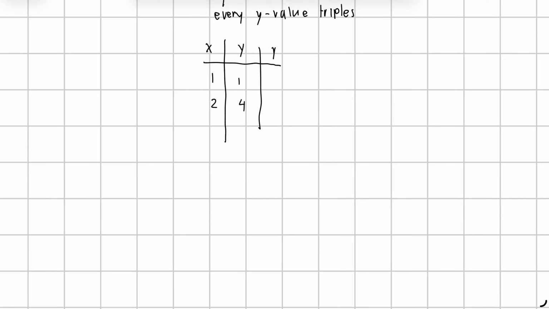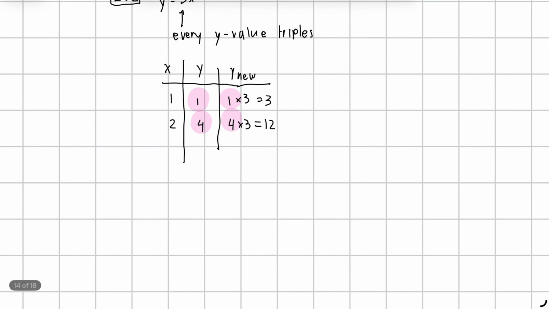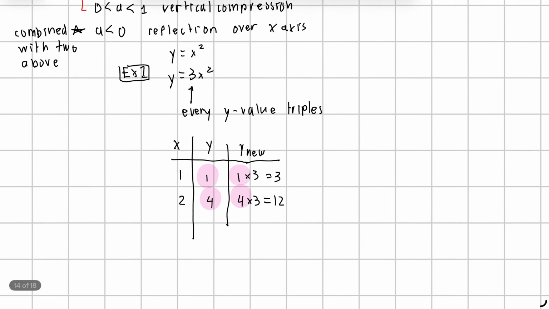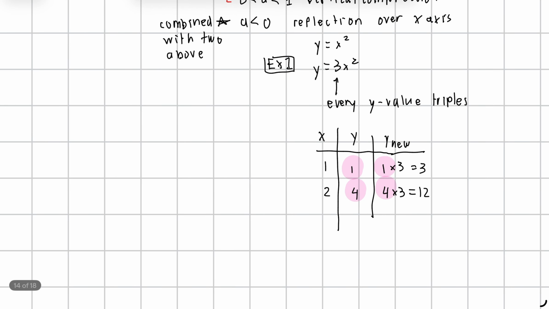Then our new y is going to be 1 times 3, which is 3, and then we have 4 times 3, and that's going to be 12. It's important to note that these are our y values that we are going to be multiplying, not our horizontal values.